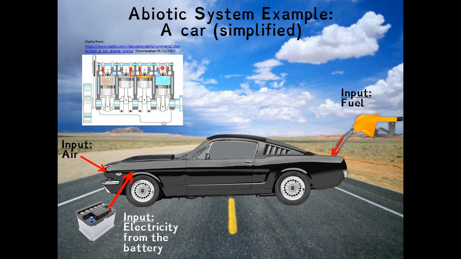Now the spark plug sends off an electrical spark that is timed. So each time a spark plug sets off a spark, it's in time with the piston moving upward, and that creates a tiny little explosion inside the cylinder.